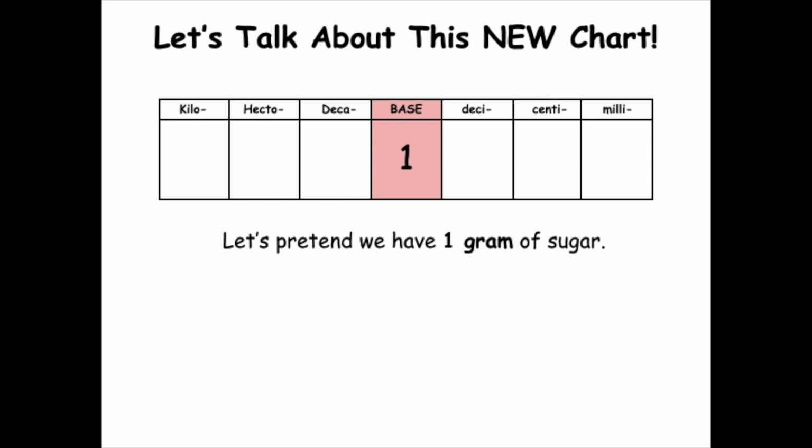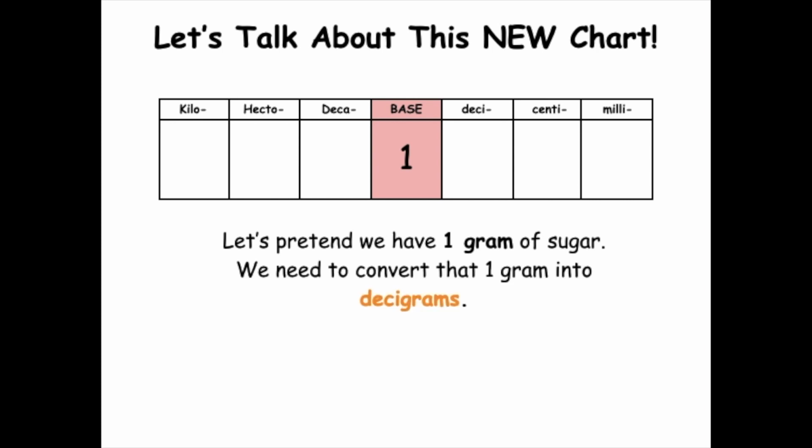I put my 1 in my base box, and now I want to convert my 1 gram of sugar into decigrams. On your practice problems page, it says 1 gram equals blank decigrams, right? We have to figure out how many decigrams 1 gram is equal to. So here's how we do it.